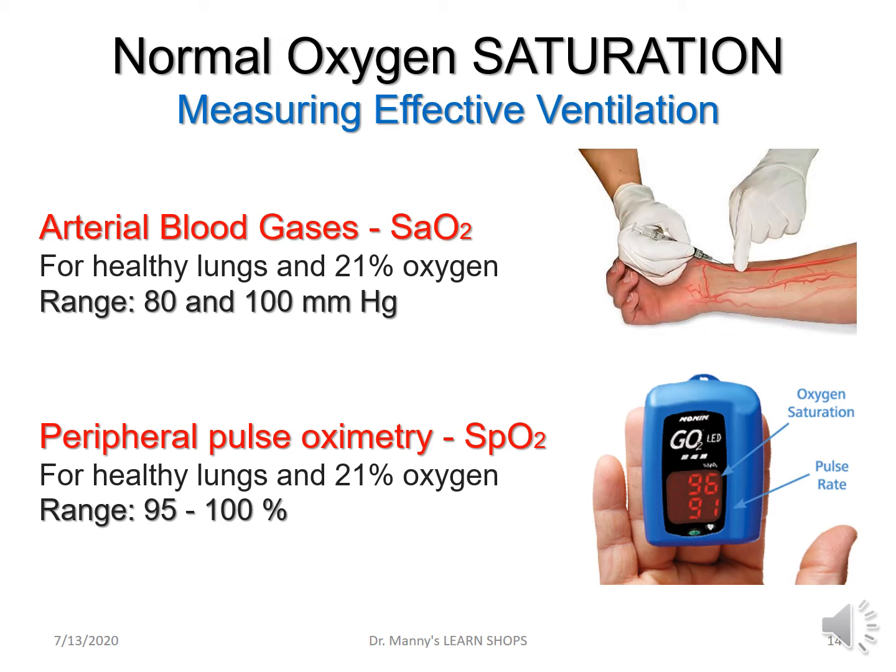If we wanted to look at it more invasively, we could do arterial blood gases. And this would measure the SaO2, or the arterial saturation of oxygen in the blood. And for healthy lungs, again, at 21% oxygen, the typical arterial blood gas range for the PaO2 is 80 to 100 millimeters of mercury, which is the pressure that's created by oxygen in arterial blood.